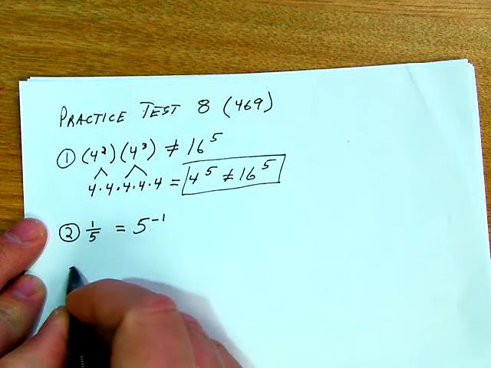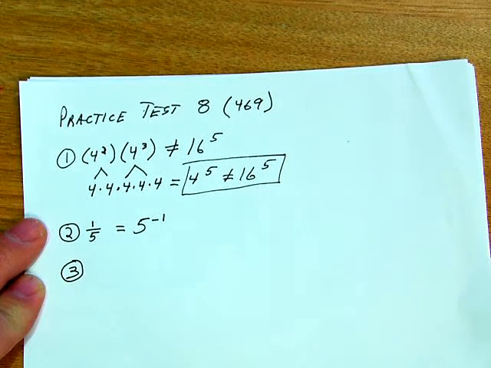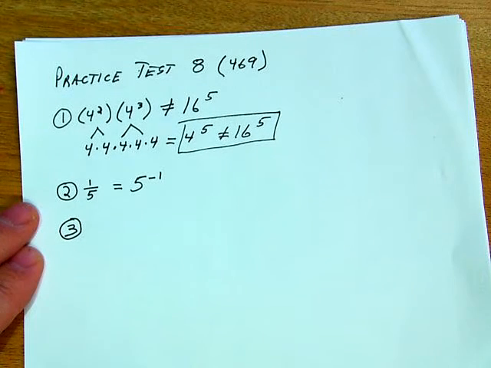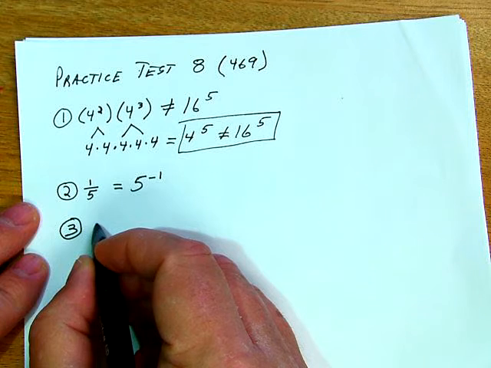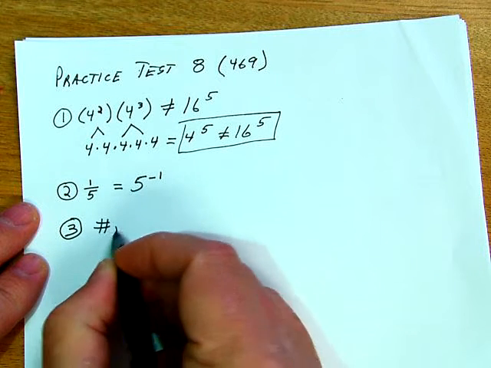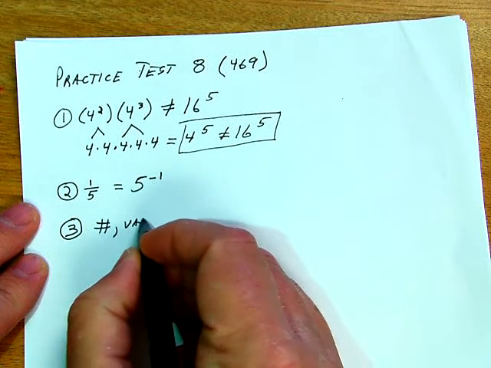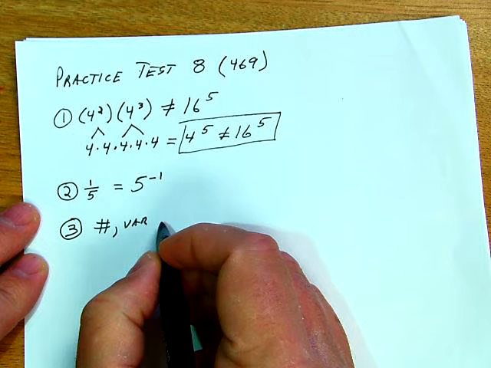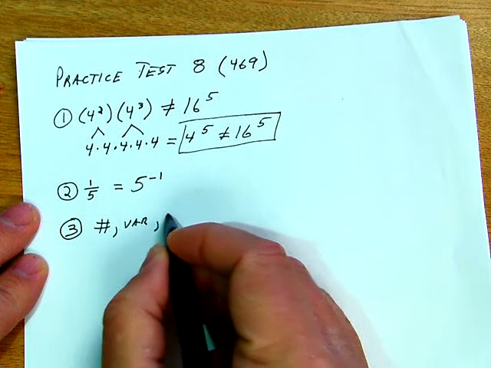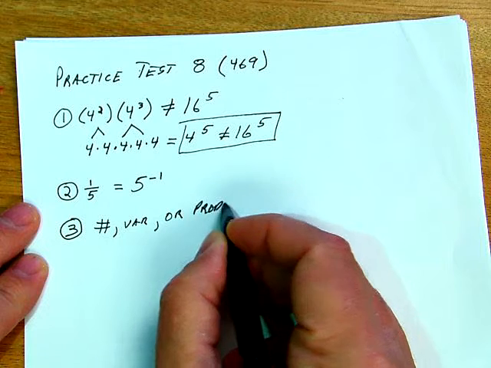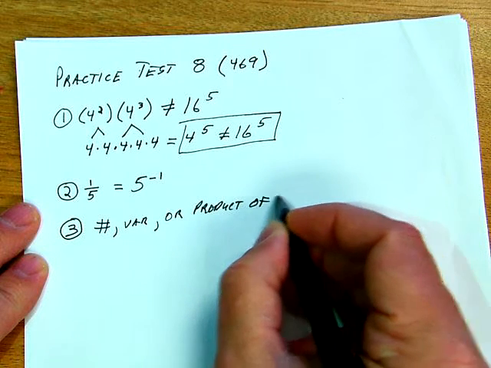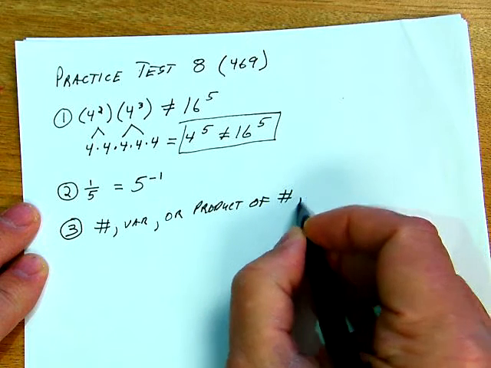Alright, number 3. Number 3 is define and give an example of a monomial. Well, if we remember, a monomial is a number, a variable, or the product of those two things, a number and variable.